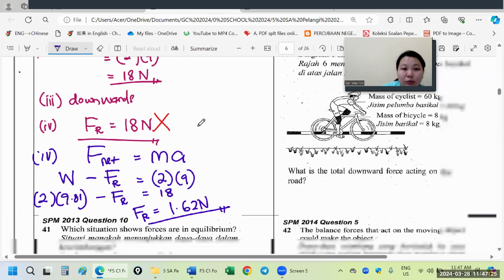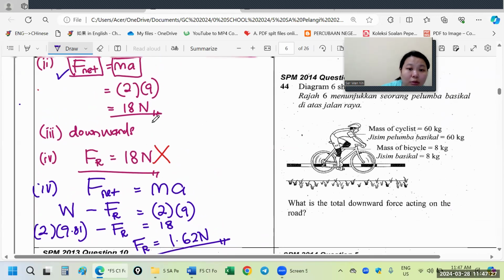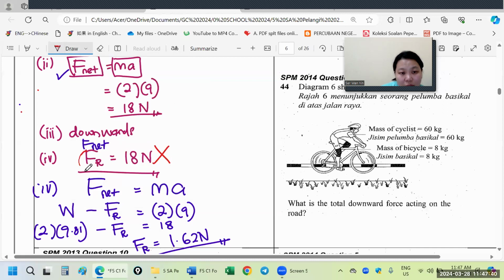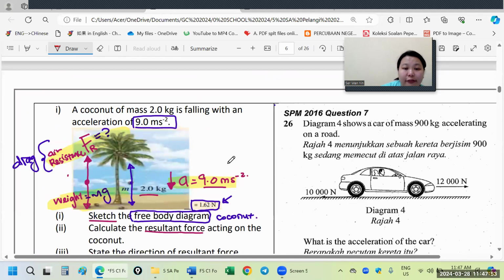Okay, now you understand why, just now, you didn't write net force. Net force means one force minus another. So you just wrote one force, wrong one. Net force means one force minus another. Which one minus which one? If here got motion down, you use the downward force minus the upward force.